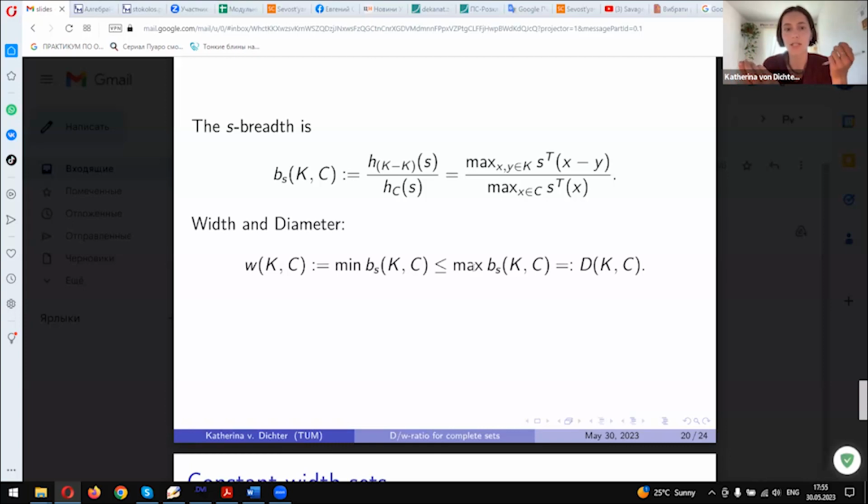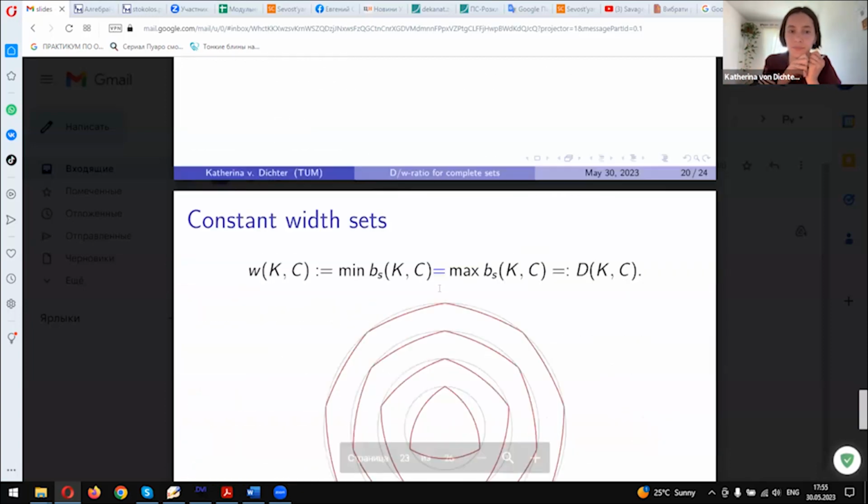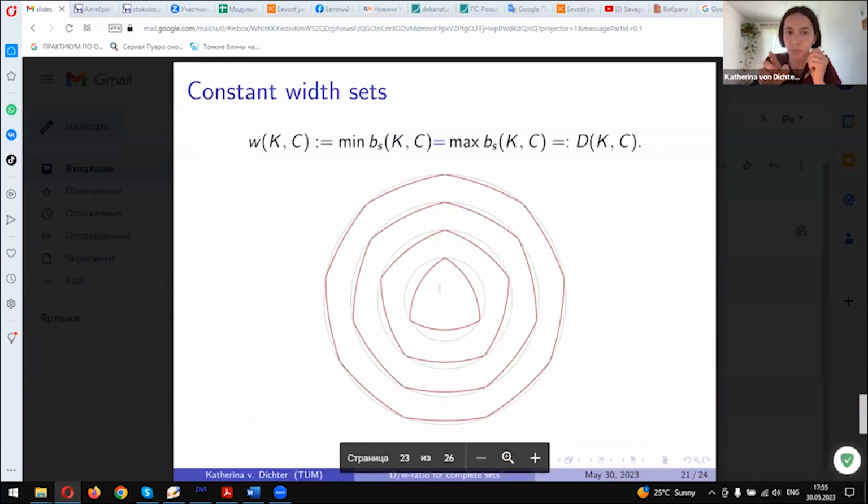The minimum breadth is the width, and the maximum breadth is the diameter. In general, the width and the diameter are not the same. But because the breadth is the same in any direction, the width and the diameter of a constant width set are actually equal. So you have equality between them.